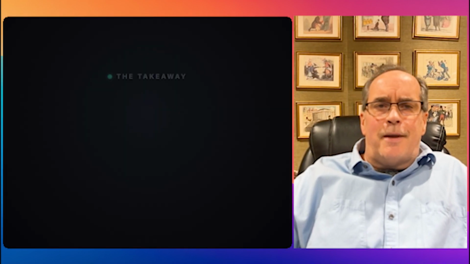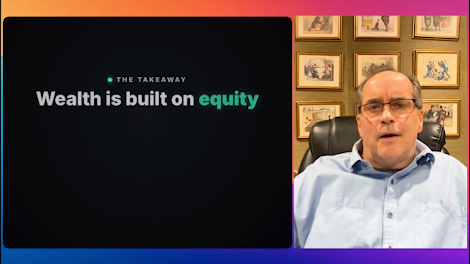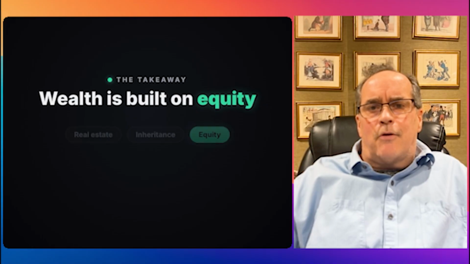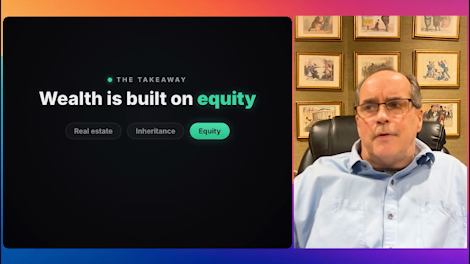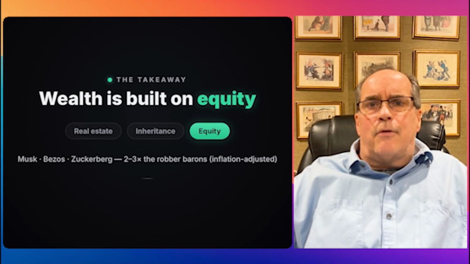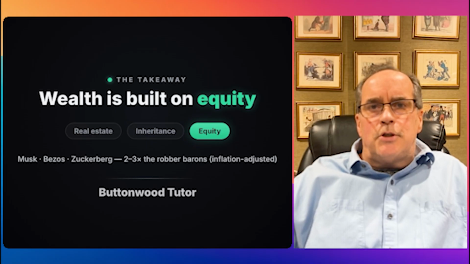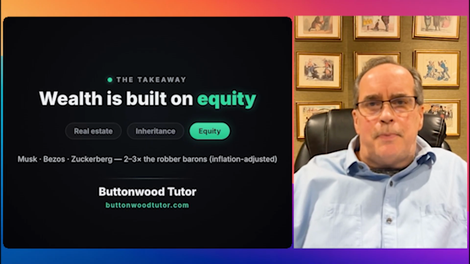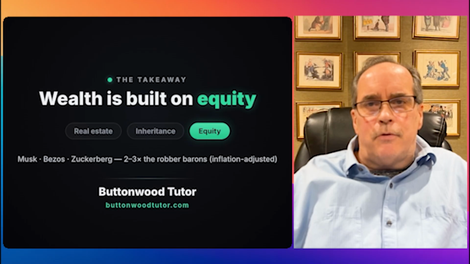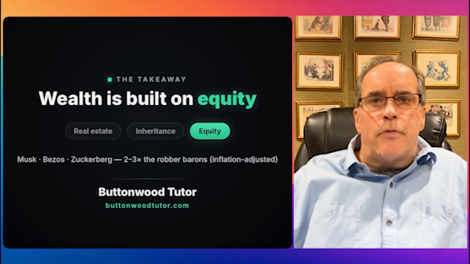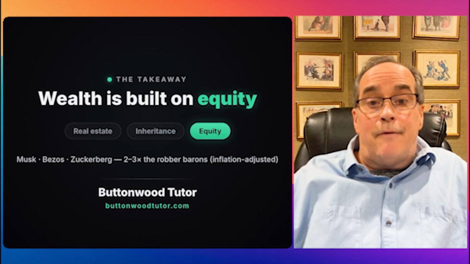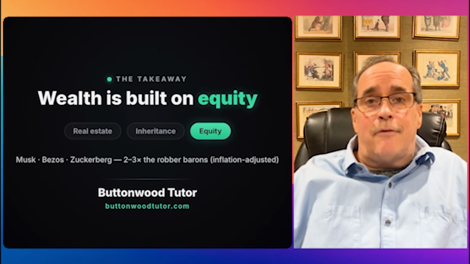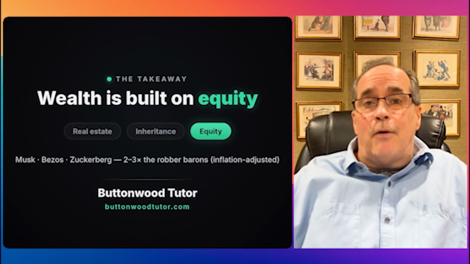So much of the Gordon Gekko on Wall Street said there's 3 ways wealth is made: real estate holdings, inheritance, and share and equity. Well, I got news for you. These days, mostly it's equity. The richest people in the world, the Elon Musk and the Bezos and the Zuckerbergs of the world, are now worth 2 and 3 times the amount, inflation adjusted, that Rockefeller, Carnegie, and Vanderbilt were back.